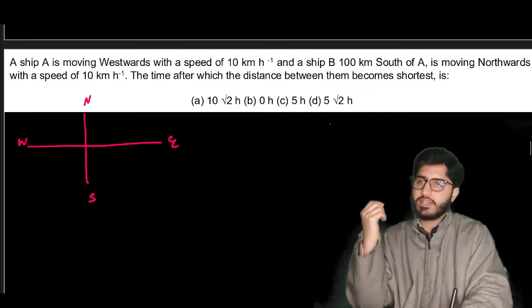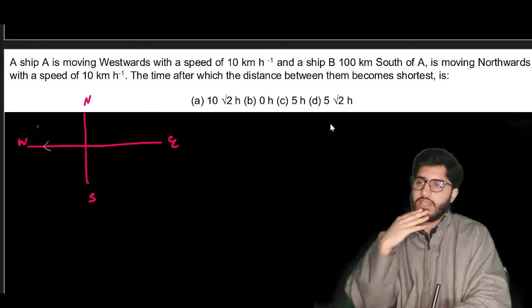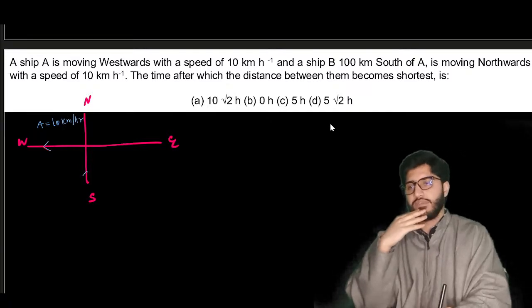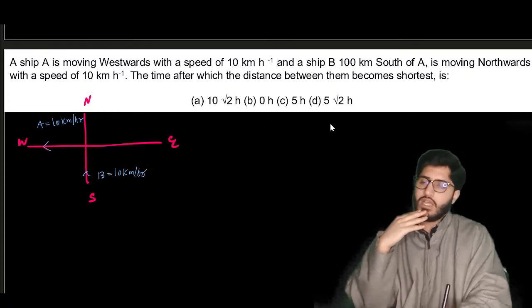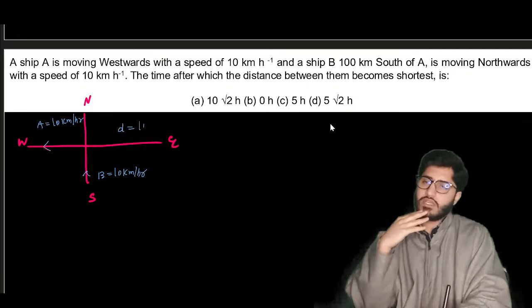A is moving like this at 10 kilometer per hour, and B is moving like this, also at 10 kilometer per hour. And the distance between them is given to be 100 kilometer.